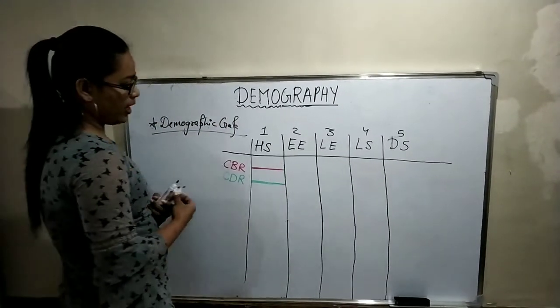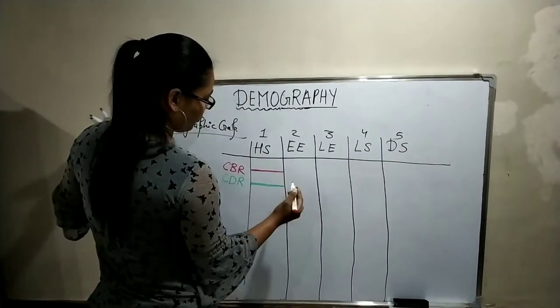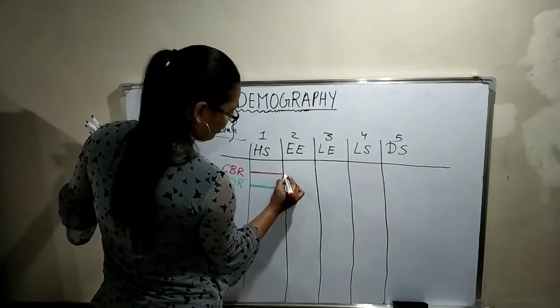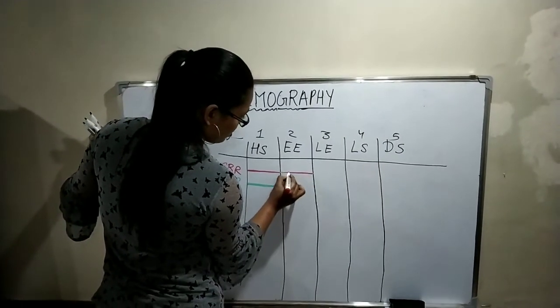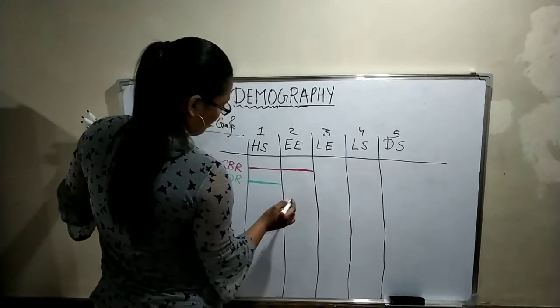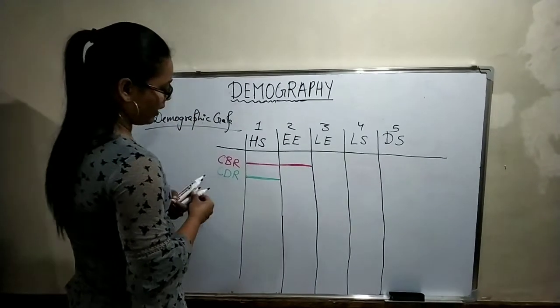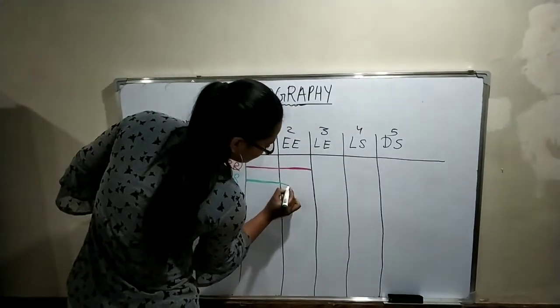In early expanding stage, crude birth rate is also high, but death rate starts declining.